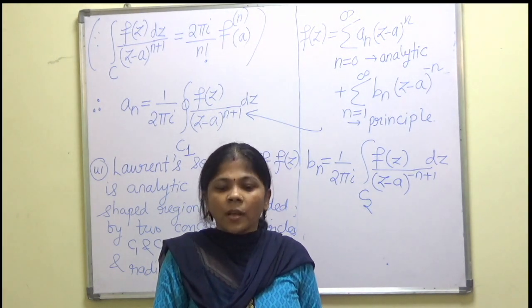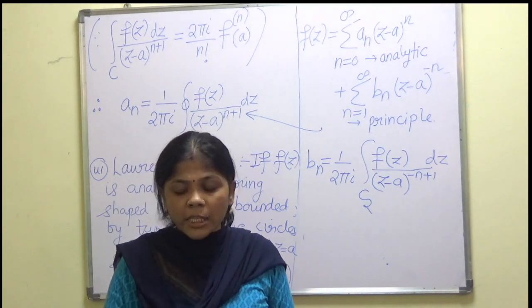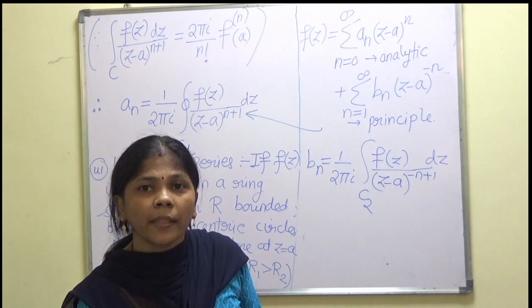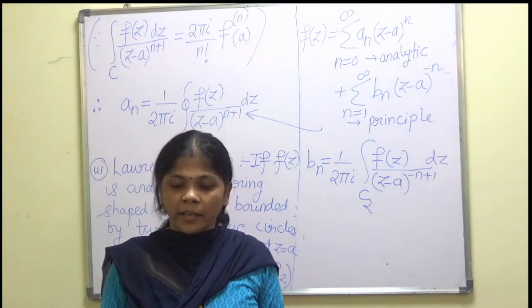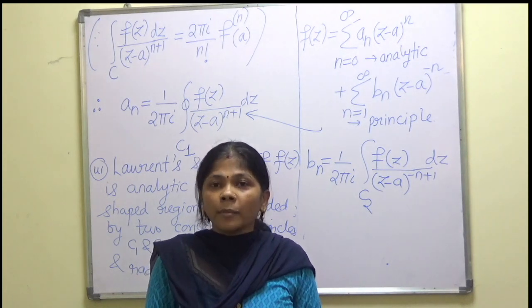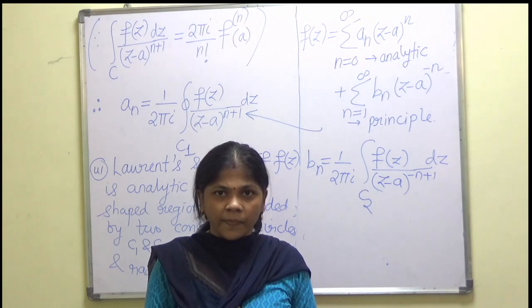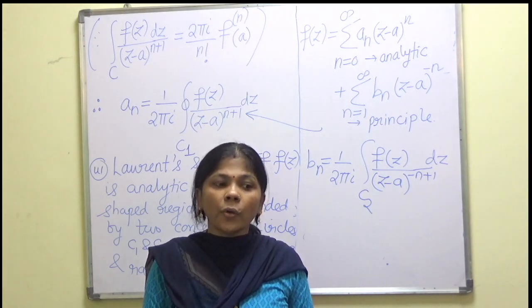Now remember one thing: when we want to expand a given function and that function is not analytic, then it can be expanded by the Laurent series and not by the Taylor series. I hope this is clear to you all.